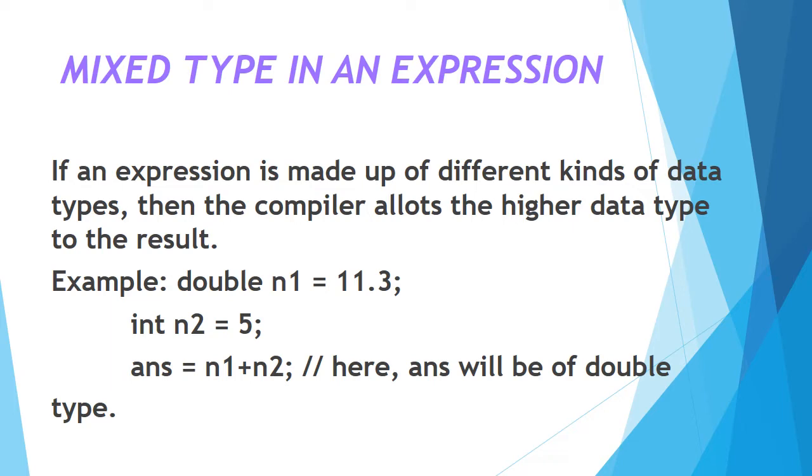Then if we want the output in the variable ans, we will write ans is equal to n1 plus n2. In this case, the output will come in the double data type, because if we compare integer and double data types, double is the higher data type in comparison to integer.